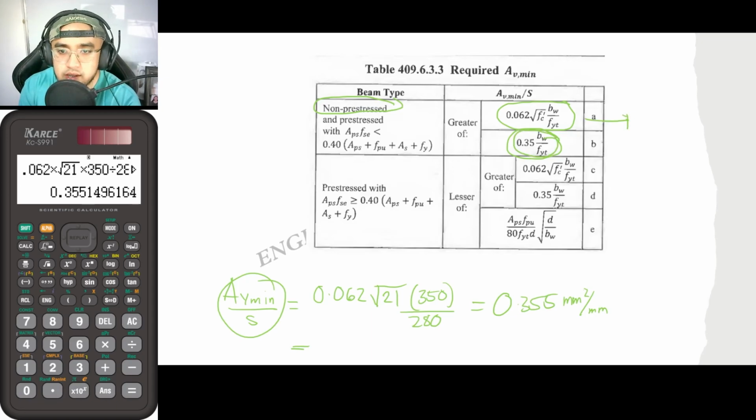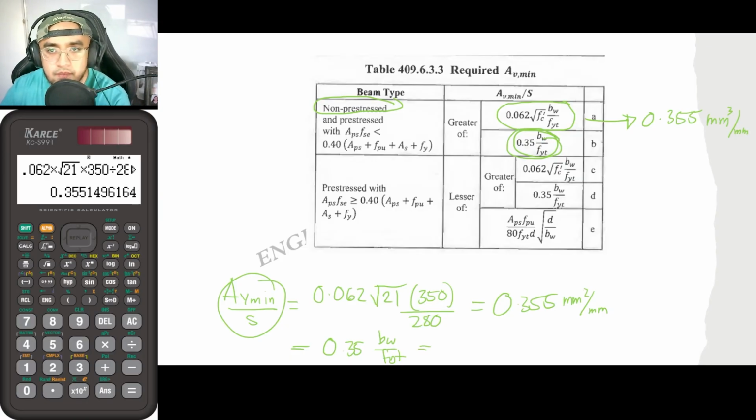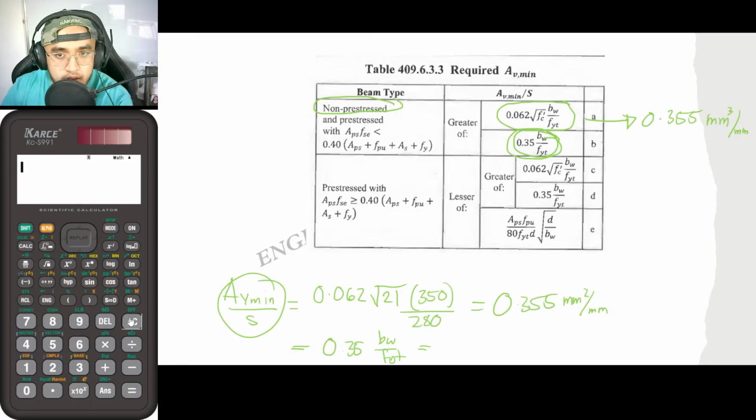Once again, this is 0.355 millimeter squared per millimeter. Okay, so next up, for 0.35 times bw times fyt, so bw is 350 and fyt is 280. Looking at the calculator once again, 0.35 times 350 divided by 280, our answer here is 0.4375.